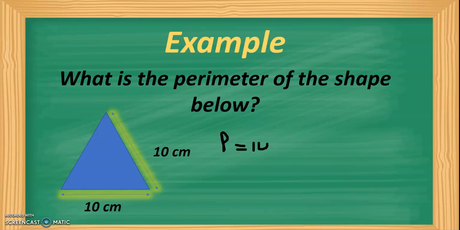So once I multiply 10 by 3, I'll end up with what? What did you get? 30. So hence, and I'm going to put back my unit, my perimeter here would be 30 centimeters.